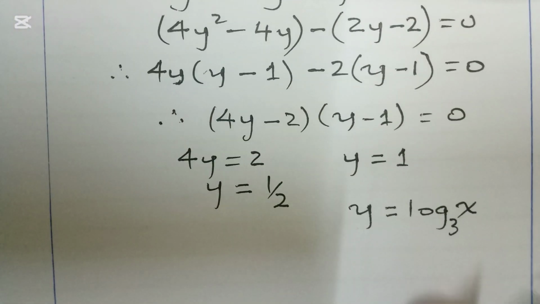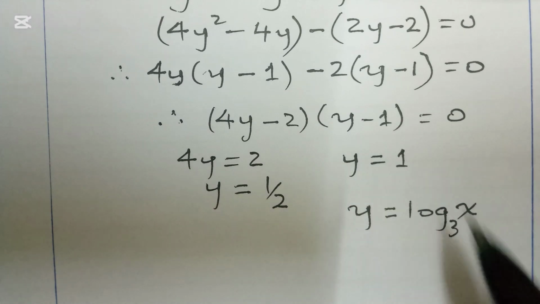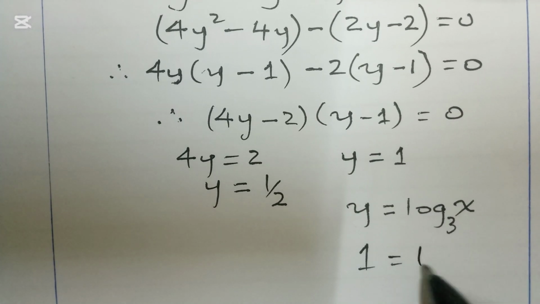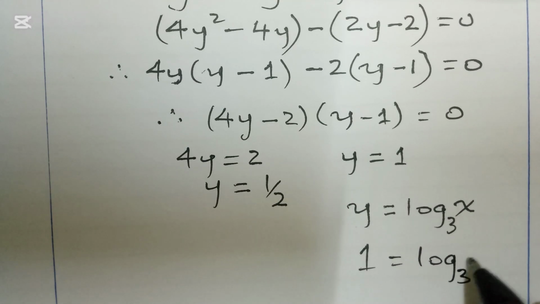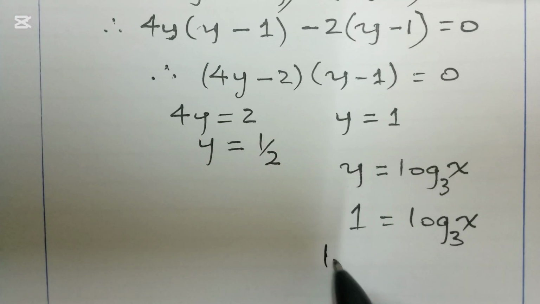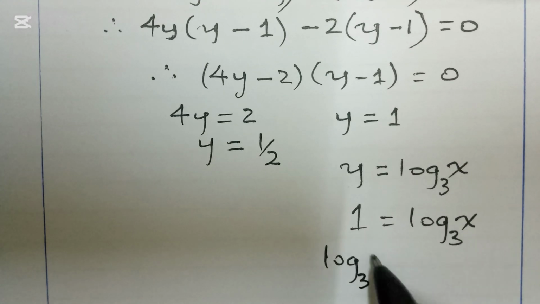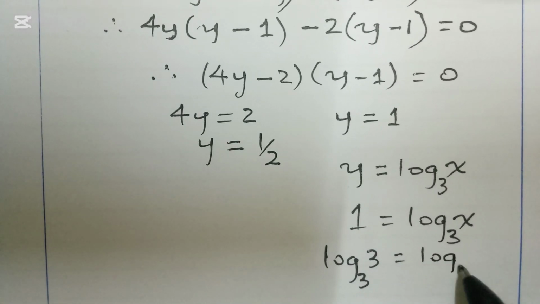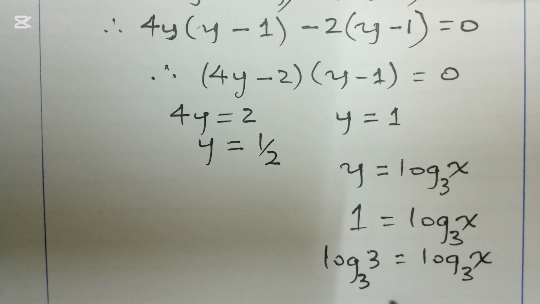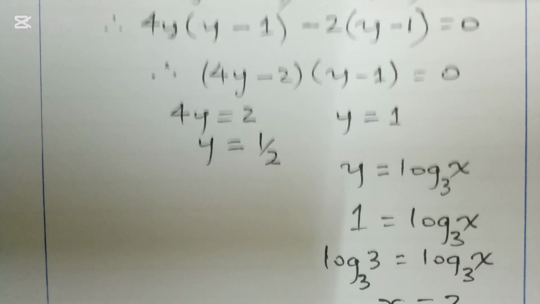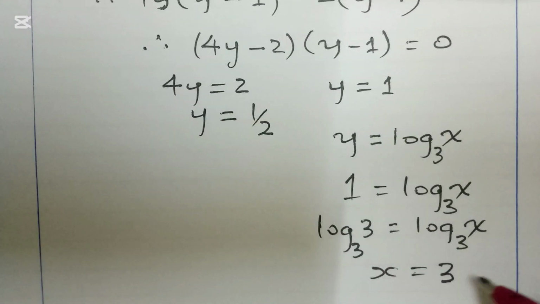We start with this one: 1 equals log to base 3 of x. 1 can also be written as log to base 3 of 3 equals log to base 3 of x. Therefore x is supposed to be 3. So here we get 3 as our x.